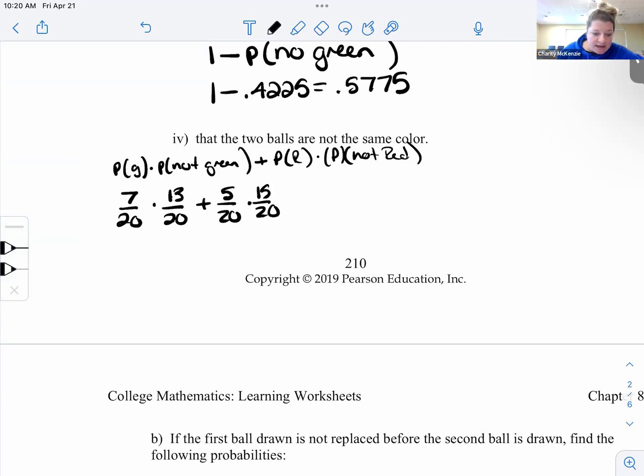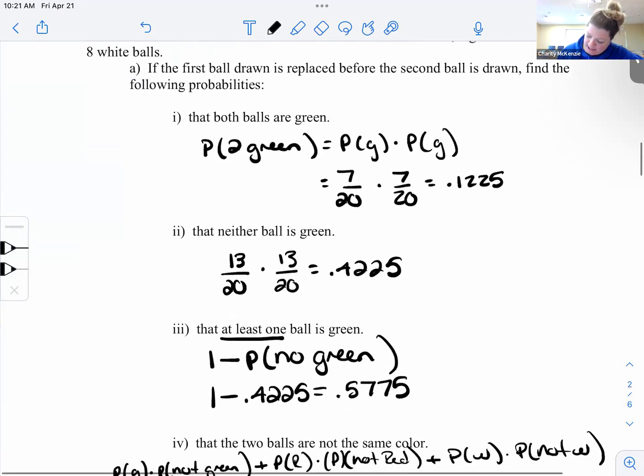Okay, the last one is white and not white. So we're going to add it to the probability of a white times the probability of not white. So that's going to be a plus, and then we have 8 whites.